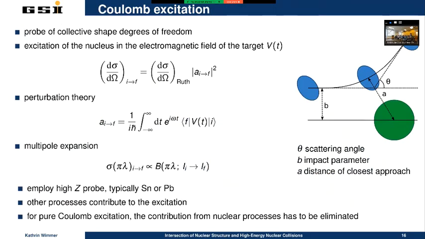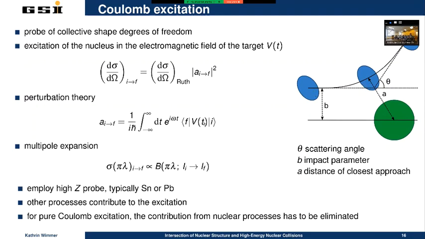So then how do we experimentally determine these BOV2 values? We often use Coulomb excitation as a probe of collective shape degrees of freedom. This works by colliding our nucleus of interest with the Coulomb field of a target. In this time-dependent field that the nucleus sees as it passes by, it will essentially absorb a virtual photon and become excited.